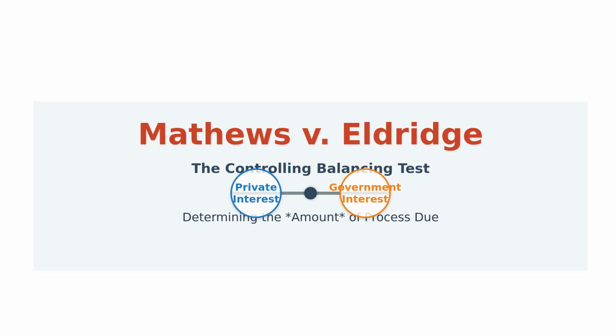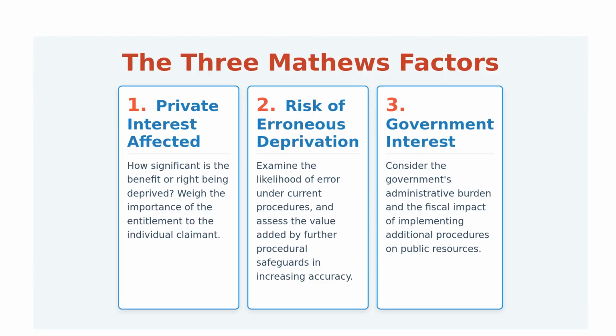It requires weighing the private interest being affected against the government's interest in efficiency and cost, using three specific factors. This balancing act ensures that the procedures implemented are tailored to the specific risk of error and the value of the right at stake. Now we dissect the three elements that the court requires us to weigh.